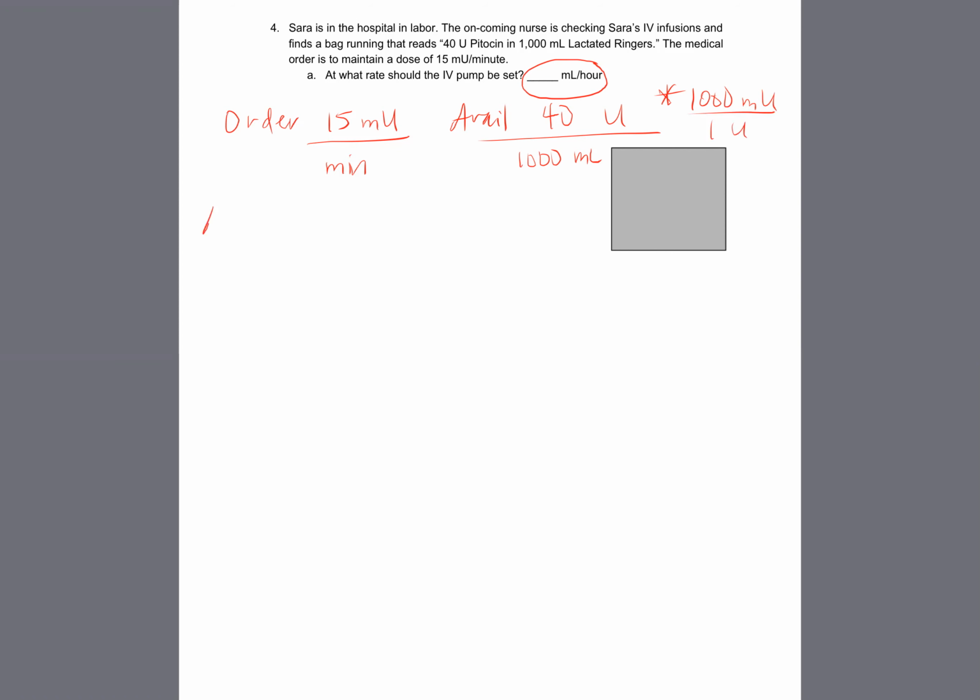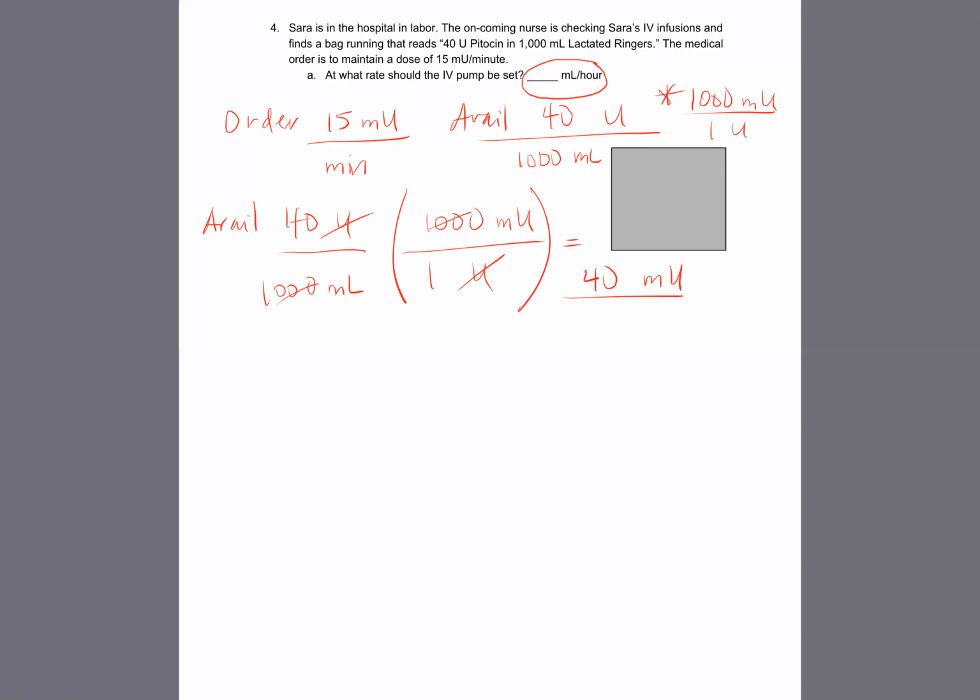So rewriting your available med, you want to put the unit in the denominator so your units cancel. You have 1,000 milliunits in the numerator, and your new availability of the med is 40 milliunits per mL.